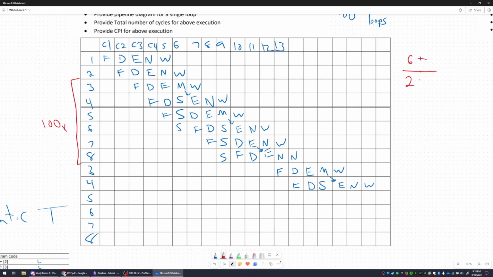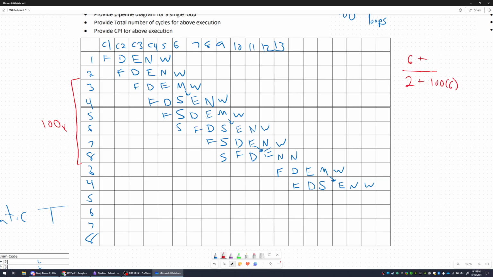Plus for the instructions, there's 1, 2, 3, 4, 5, 6 lines of code that repeat themselves. So 100 times 6, and there's nothing else after the final line is fetched, since there's no branch prediction. So I think it's just 2 plus 100 times 6, right?